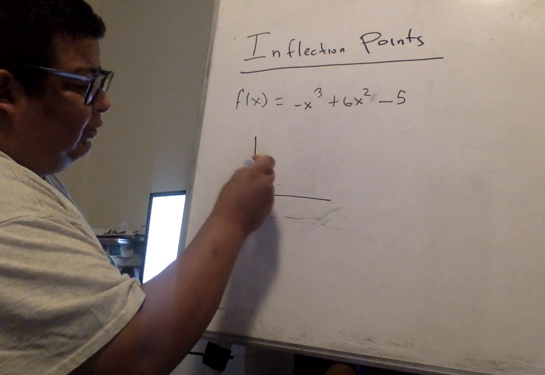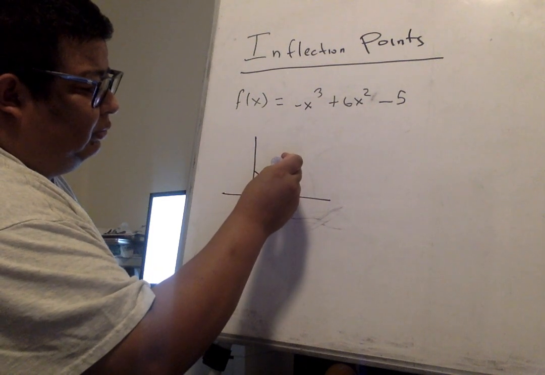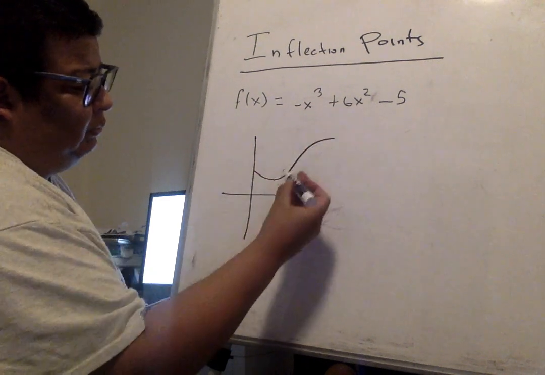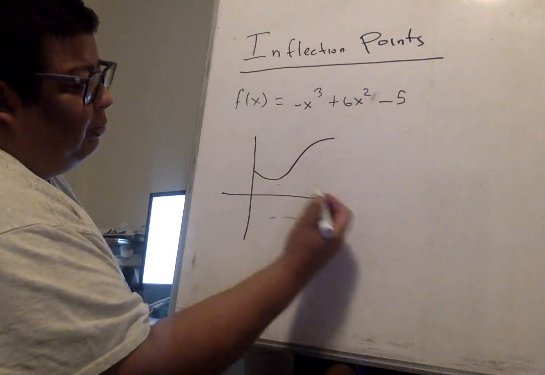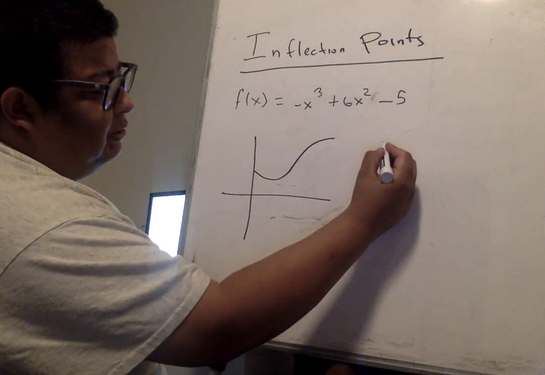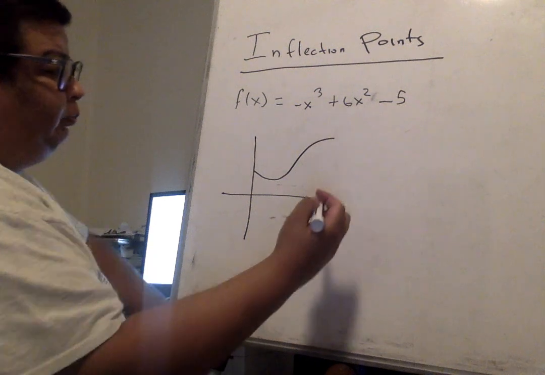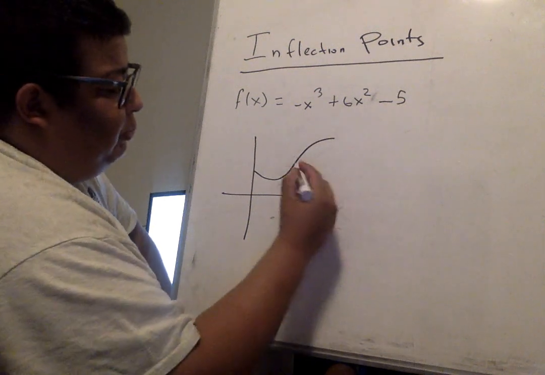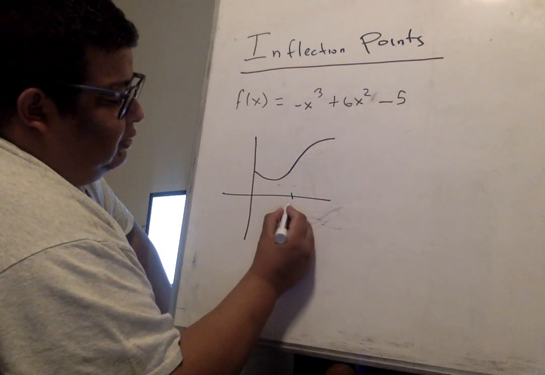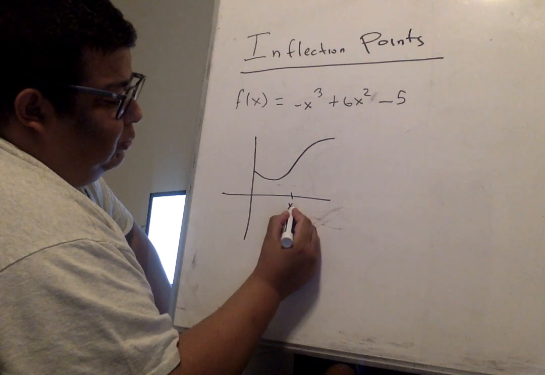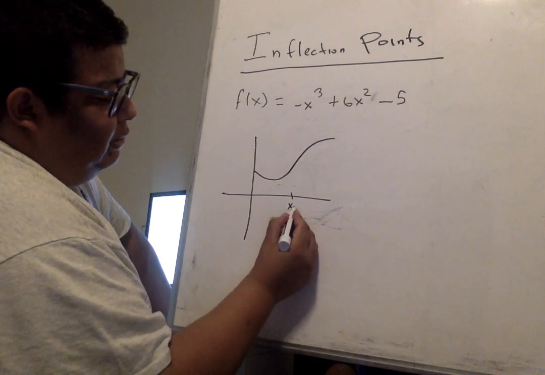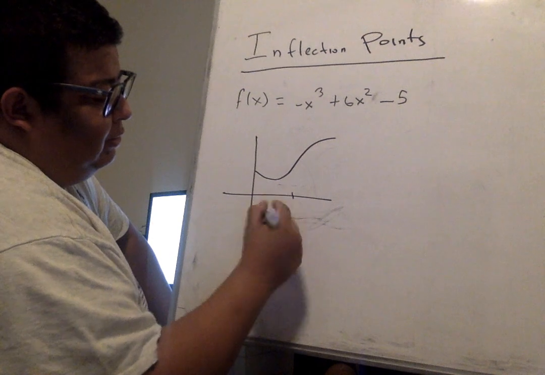So let's say the graph starts like this and it goes like that. So a point of inflection, let's say, is a point. Let's say this is x naught, or let's call it c.